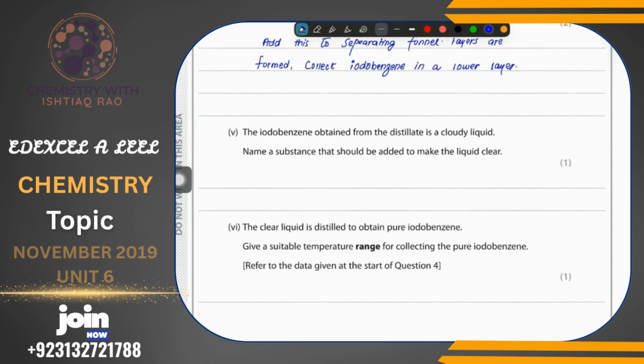It may contain some water, it's not a pure compound, so we have to separate the water from this to make it pure. So we add a drying agent, and we have to mention the name and formula. So I'm supposed to write anhydrous calcium chloride.